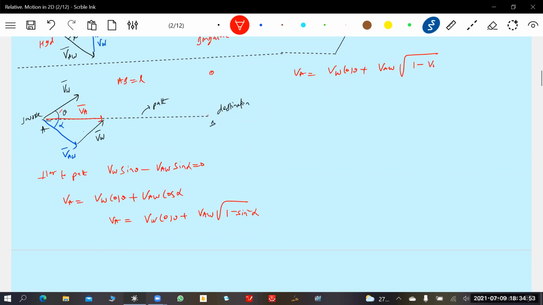Sin alpha will be... Time taken to move from A to B, because what are the known things? Theta, VW, VAW. It's in terms of known things. I'm expressing all the quantities. Hope everyone is getting some method.